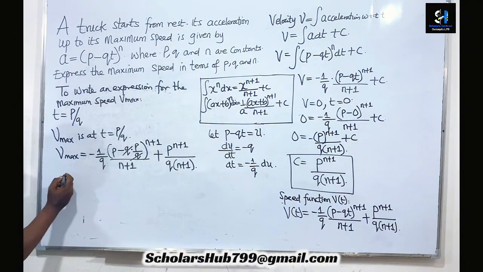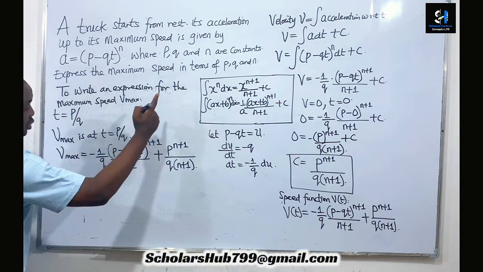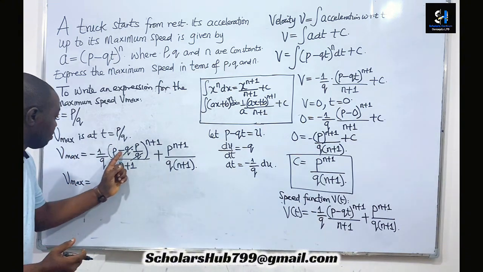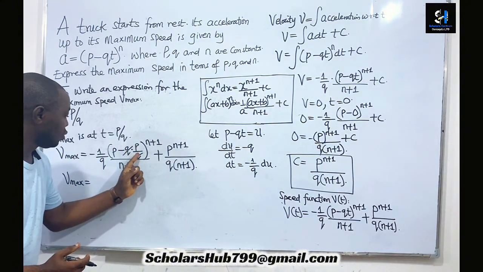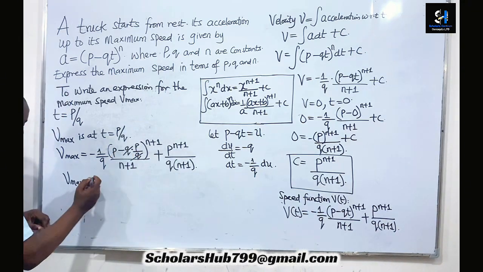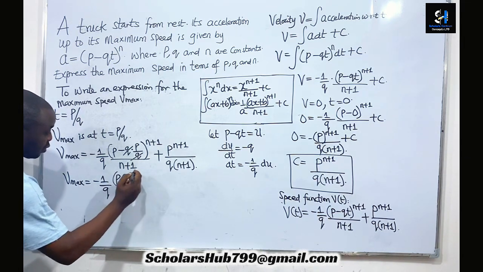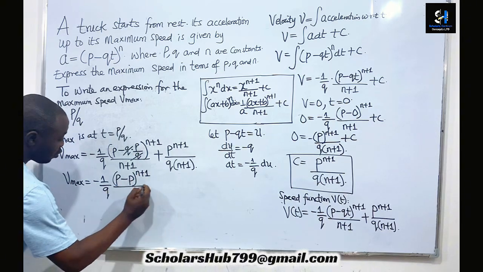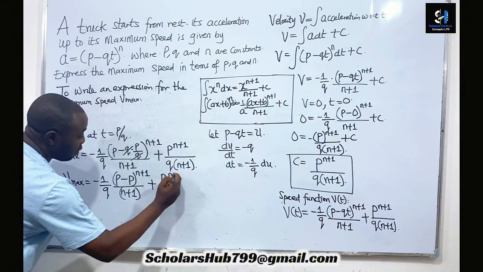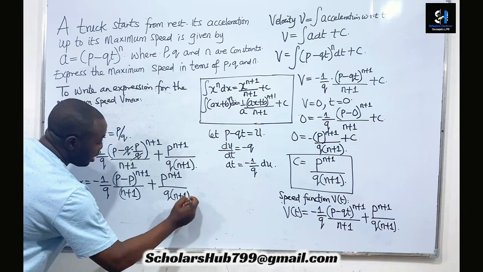Then p minus p will be 0, because we have q times p over q, and q cancels q. Let me write it out. We have negative 1 over q, then p minus p raised to the power of n plus 1 over n plus 1, then plus p raised to the power of n plus 1 divided by q parentheses n plus 1.